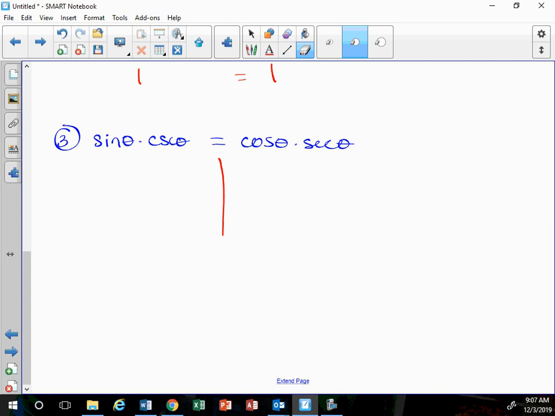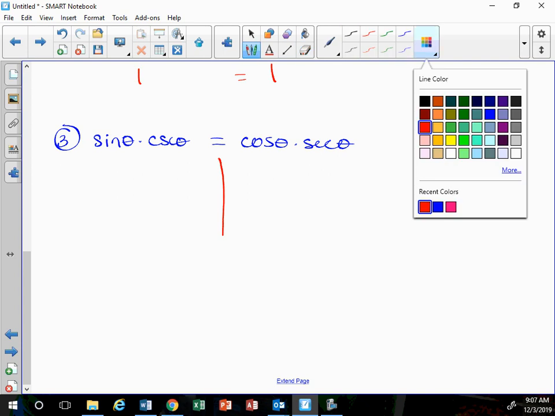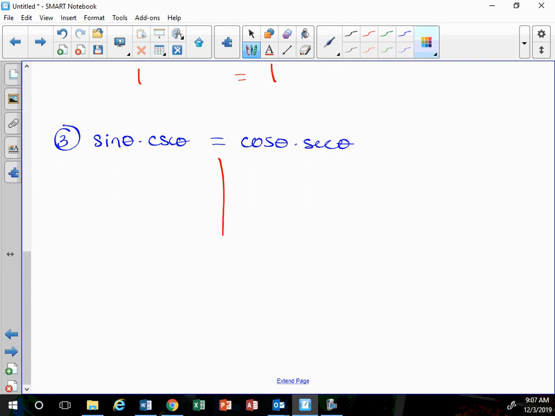Check with your neighbor if you're ready. Okay, do we know that cosecant is 1 over sine? Secant is 1 over cosine.